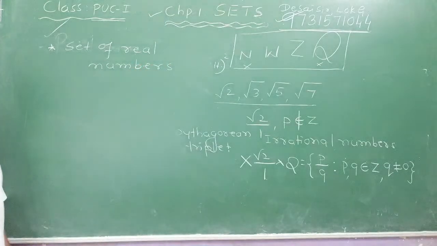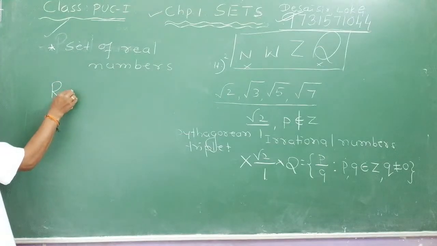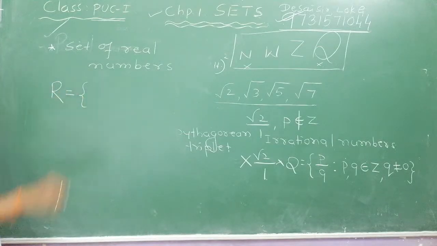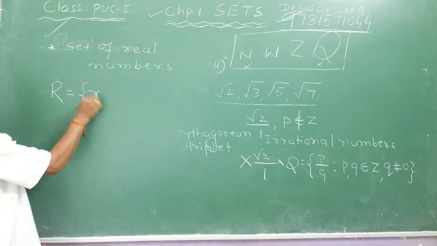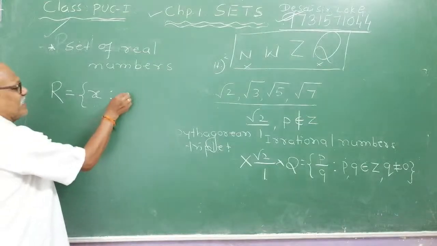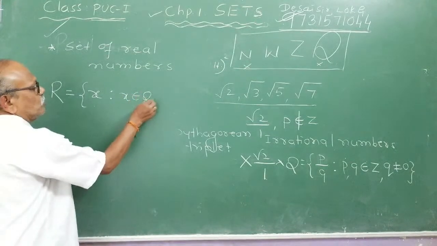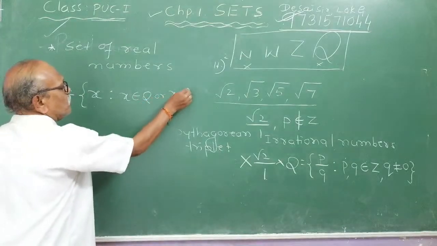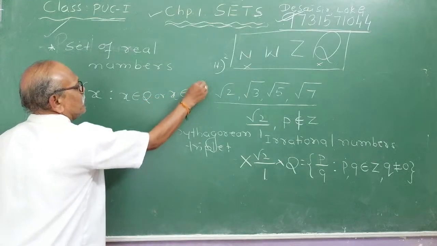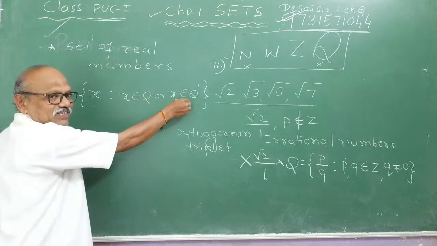The set of real numbers is generally represented by R. In rule method you can write it as the set of all x such that x belongs to Q or x belongs to Q dash. Means x belongs to either the rational numbers or the irrational numbers.